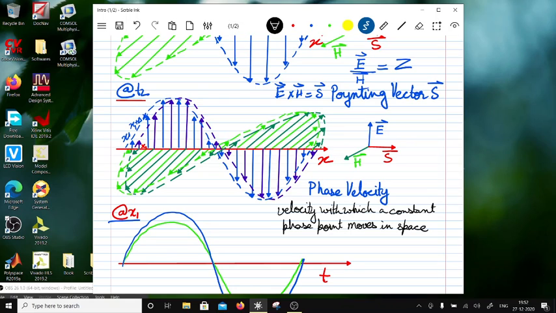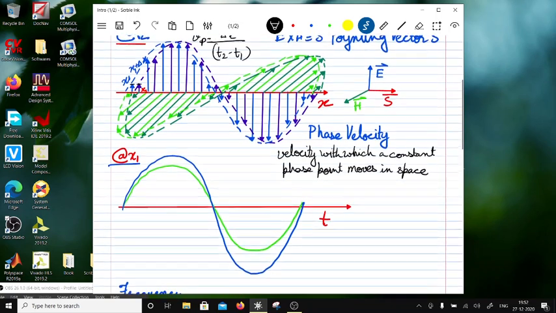You will see that this represents a phase, and this represents a phase. Now the constant phase point has moved in space in a certain time, t2 minus t1. In this time, the constant phase point has moved a distance of delta x. This is called the phase velocity, and that's how the propagation takes place.